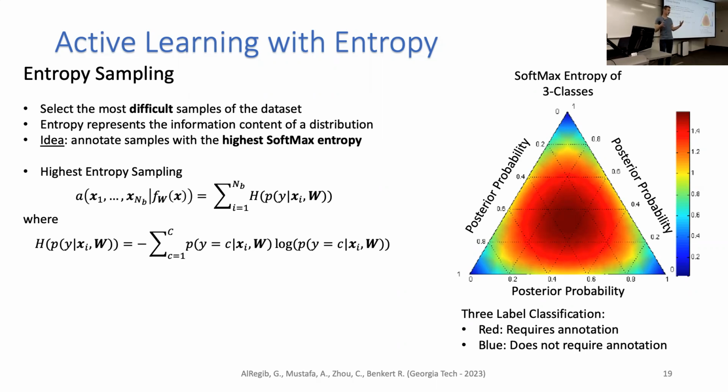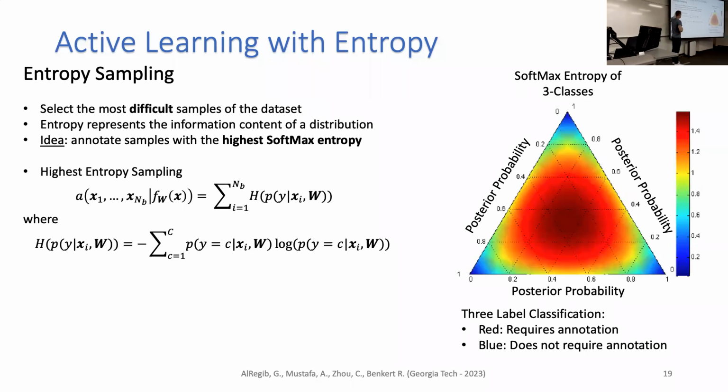A very intuitive way of thinking of this entropy evaluation scheme is to take the resulting probability distribution that has the highest information content, and we want to select all the samples that result in the distribution with the highest information content.